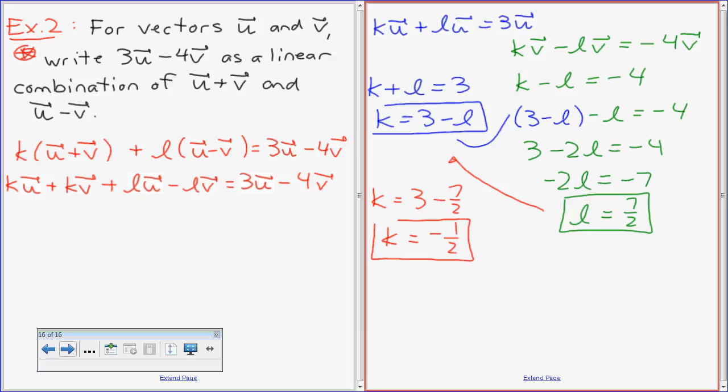And we're going to say then, therefore, negative 1/2 (u plus v) plus 7 over 2 (u minus v) equals 3u minus 4v. That's all we did. That's just algebra. That's all we did here.